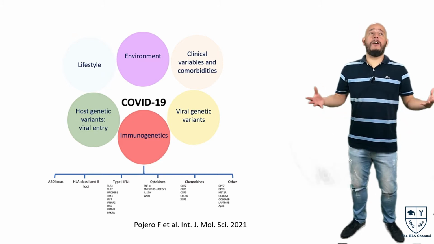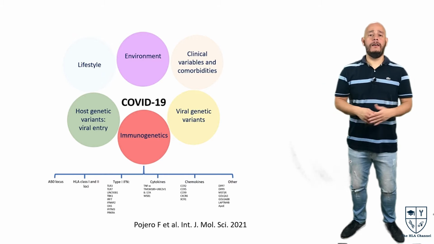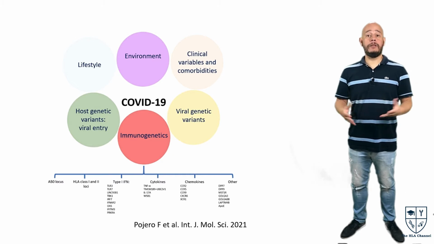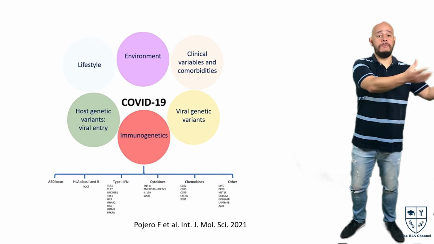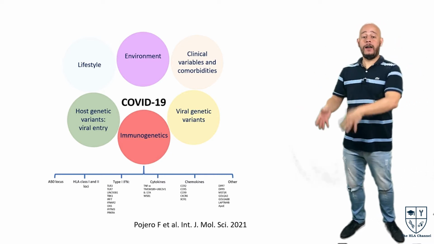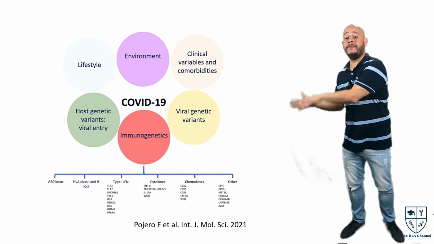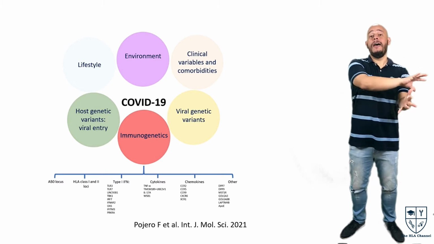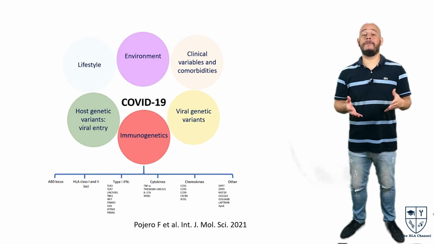Lifestyle, in terms of habits, nutritional quality, physical activity, drug use and smoking, and socioeconomic parameters, access to the health system, medication levels, and everything. So lifestyle, environment, comorbidities, viral genetic variants, immunogenetics, host genetic variants. Everything may contribute to the severity of the disease.